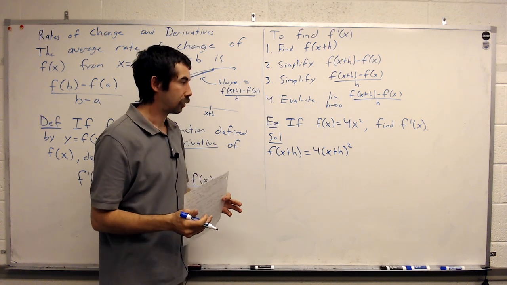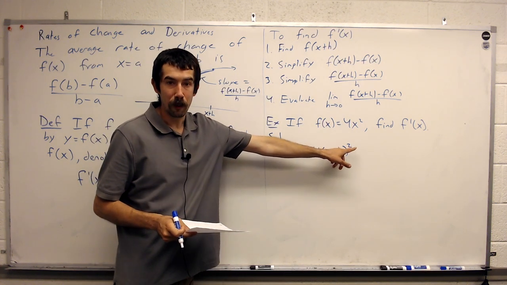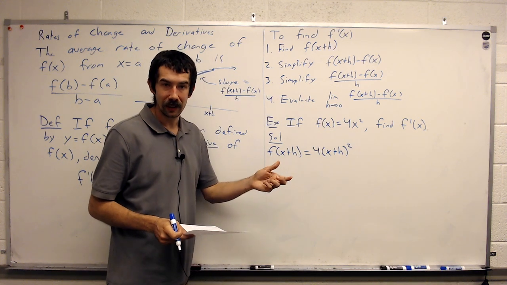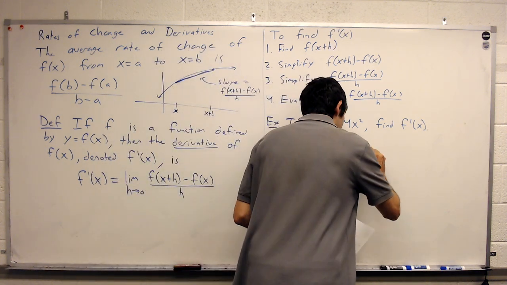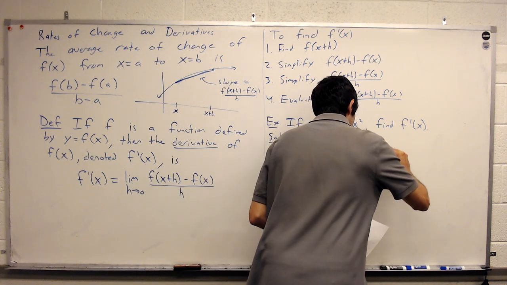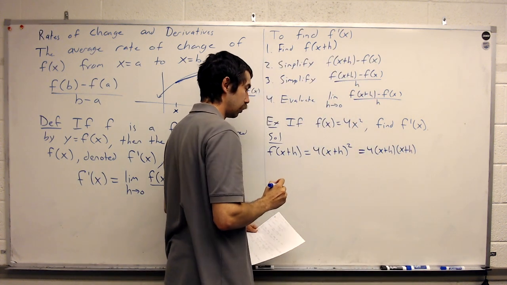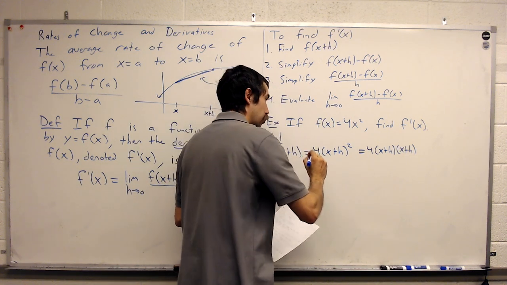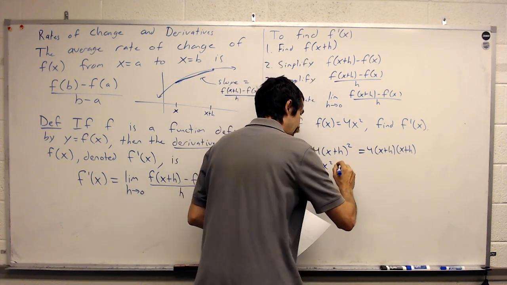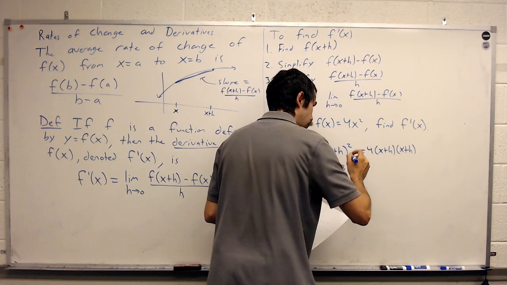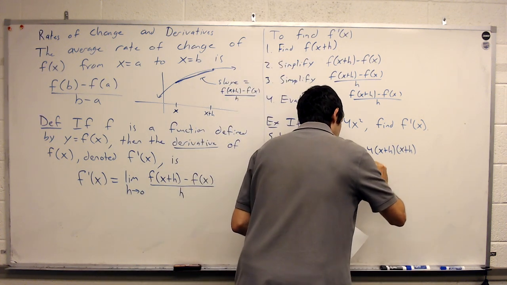Parentheses are your friend. 4 times x plus h squared. Anything squared is that thing times itself. Okay? So this is 4 times x plus h times x plus h, which simplifies to 4x squared plus 8xh plus 4h squared.